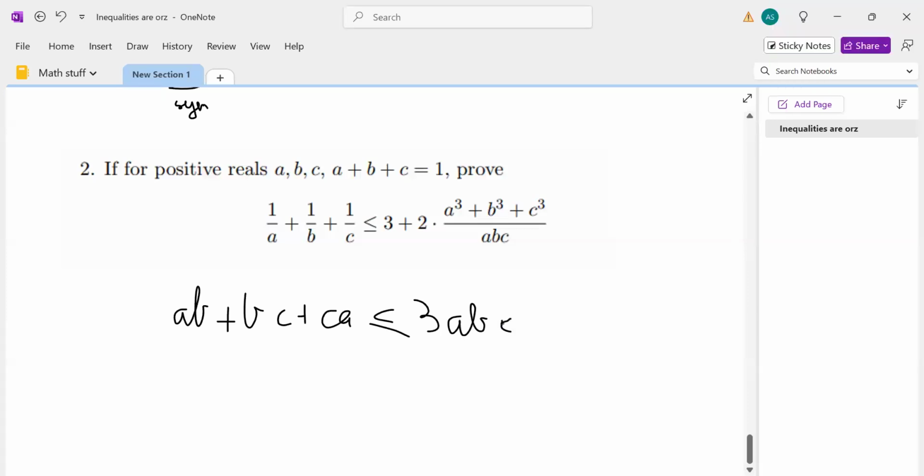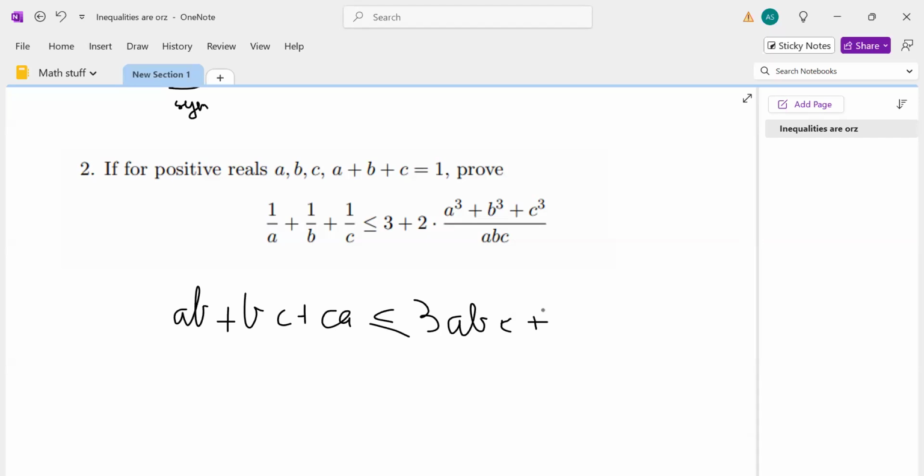Also, one more thing: 1/A is (A plus B plus C)/A. Does that work? It's like the cyclic sum of 1/A, so you get the cyclic sum of (A plus B plus C)/A minus 1, which is equal to A plus B plus C. So you just separate it and then do it.